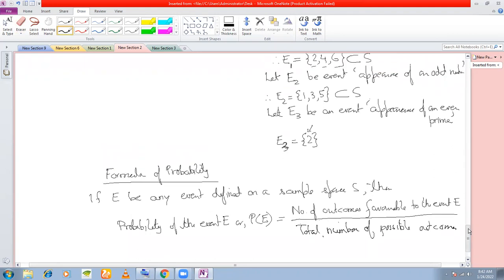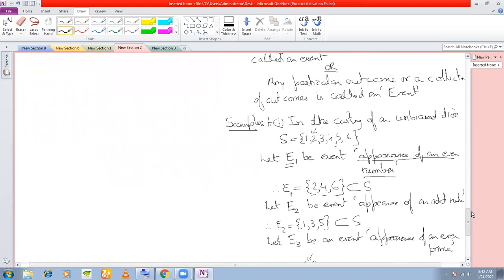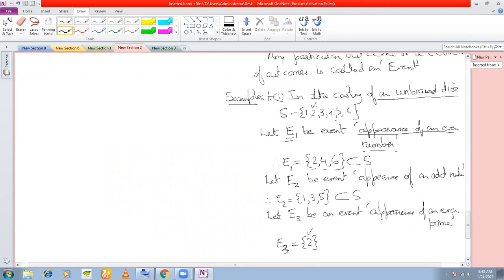Now, to give you a small example, look at the casting of an unbiased dice. What was E1 here? E1 was appearance of an even number: 2, 4, and 6. So what are the outcomes favorable to E1? How many outcomes in E1? 3.